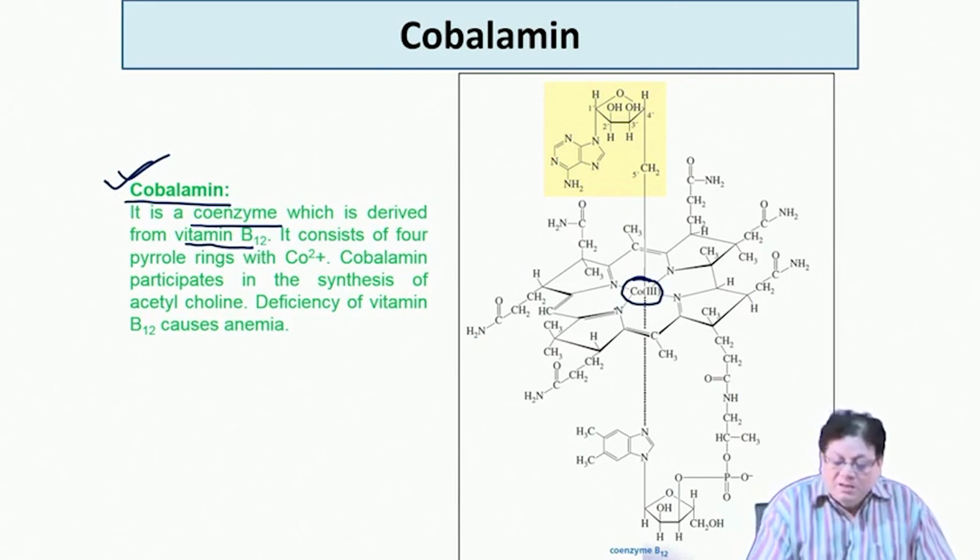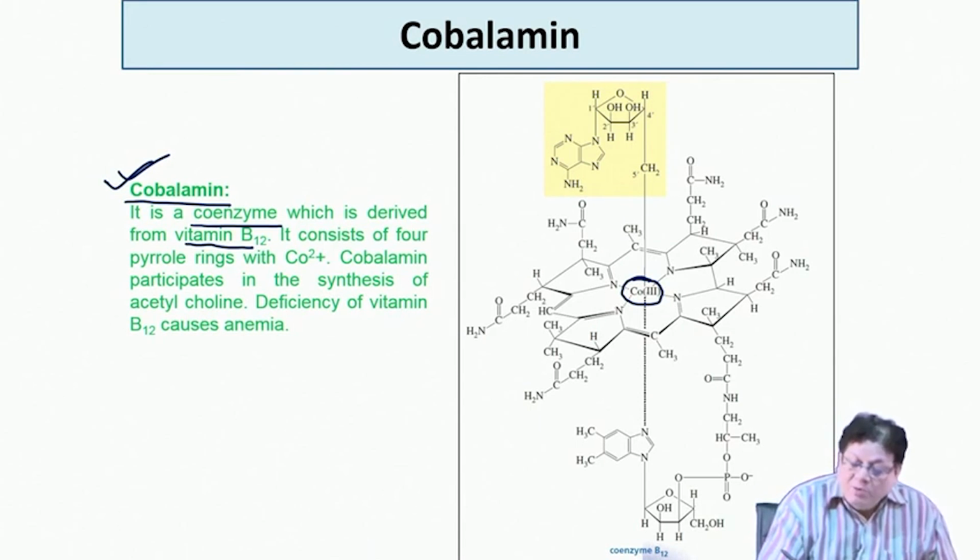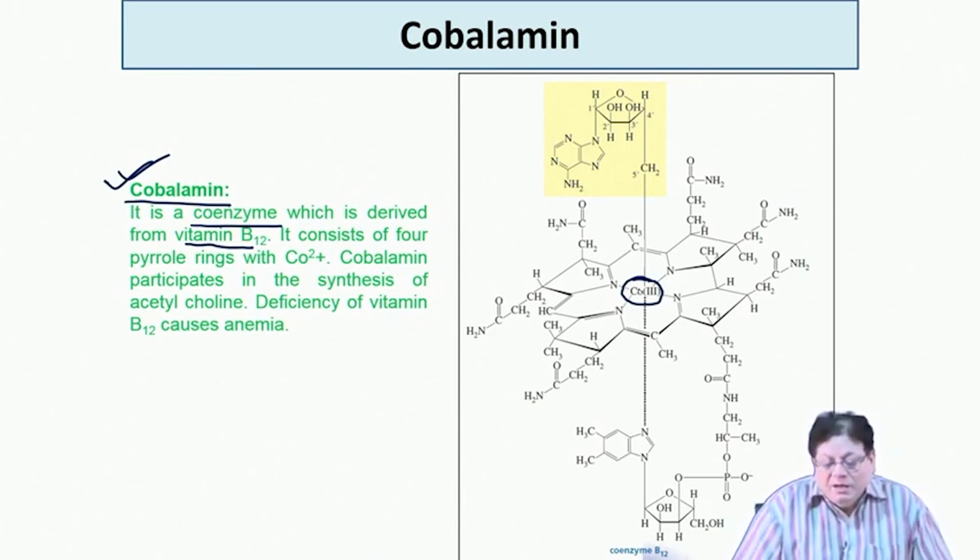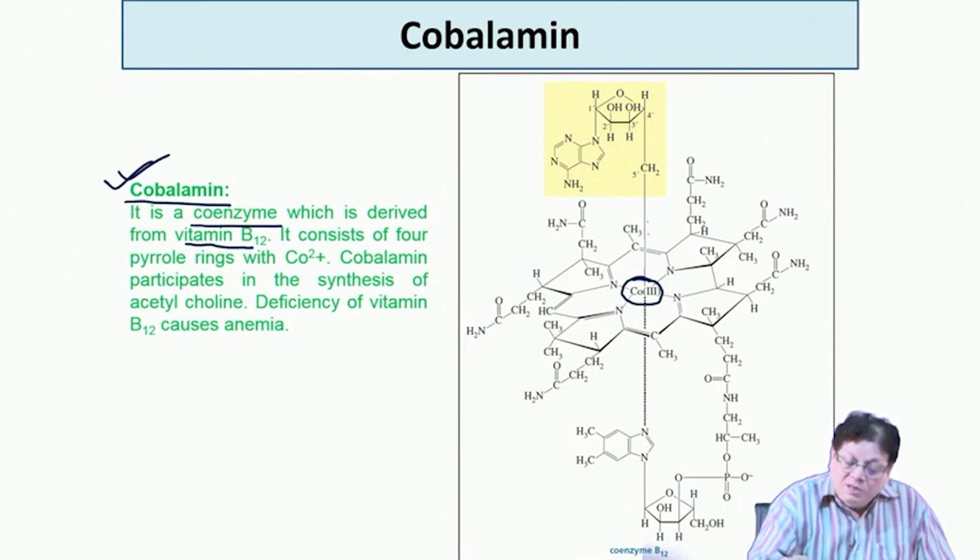This is a tetrapyrrole type of ring attached in a square planar fashion, coordinated to the 4 nitrogen atoms, and however cobalt is hexa-coordinated. On the top side, there is an adenine moiety where the CH2OH is replaced. If you remove the OH, then this CH2 can be attached to the metal cobalt.